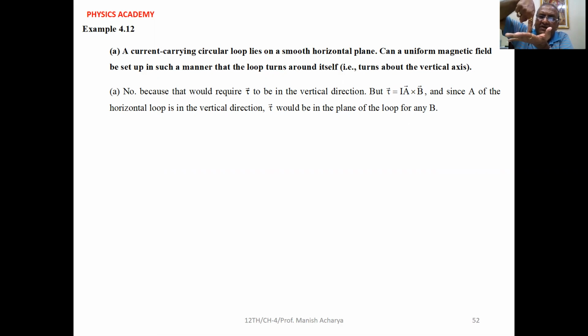Now, if the torque is perpendicular to the area vector, then the torque will be in the plane of the coil. So here, if the torque is in the plane of the coil, then it will not rotate like this around itself.